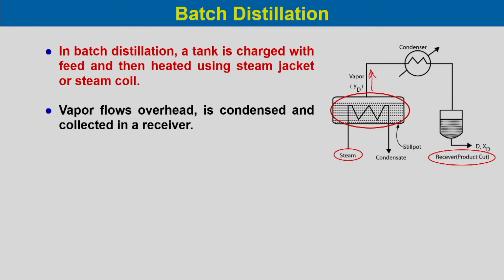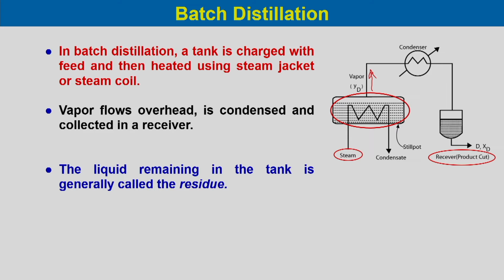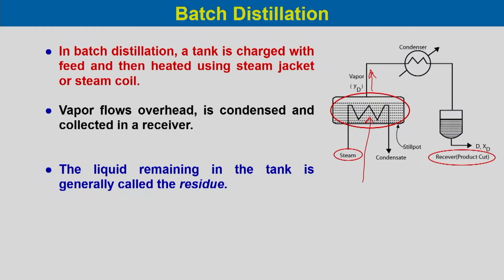Now, the liquid remaining in the tank is generally called the residue. As distillation proceeds, the liquid level gradually decreases, the total feed gradually decreases, and what remains after the final distillation operation we call the residue.